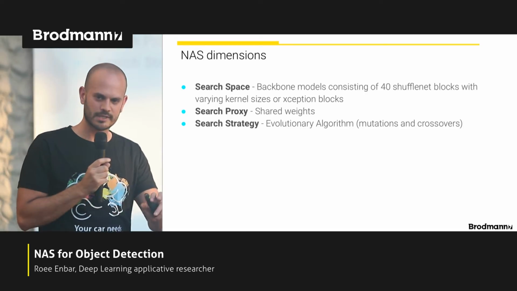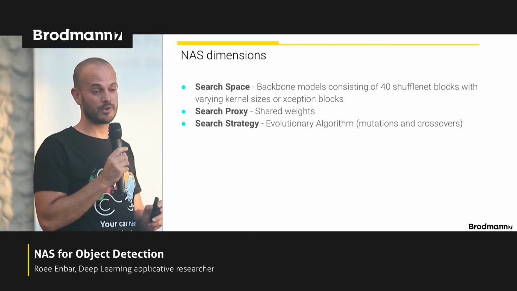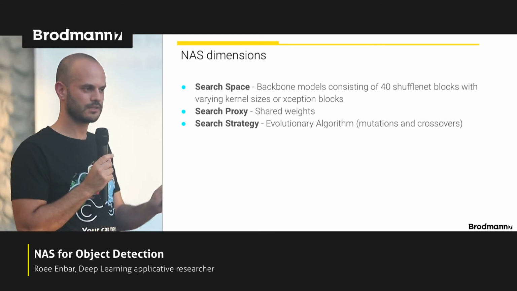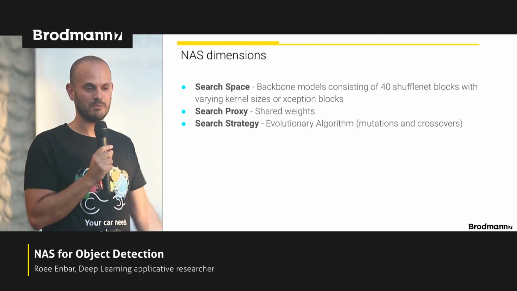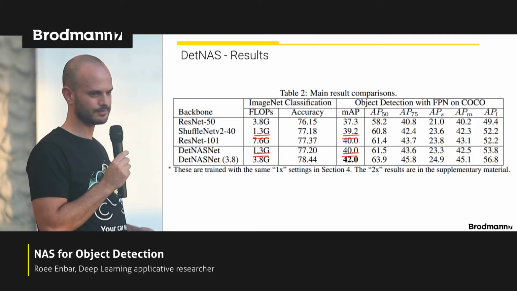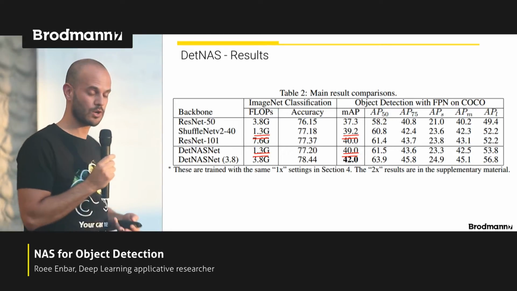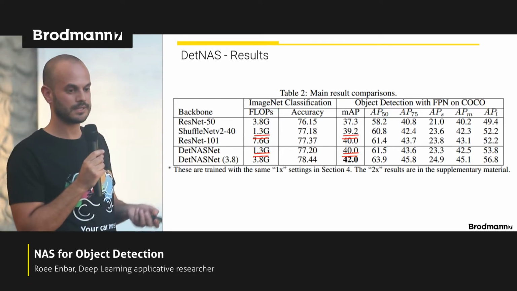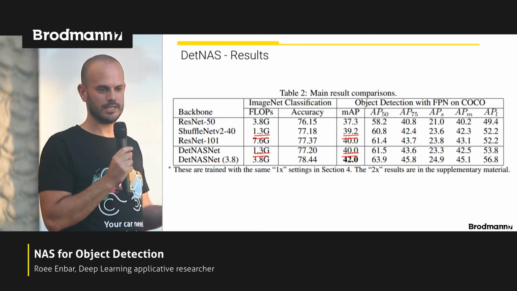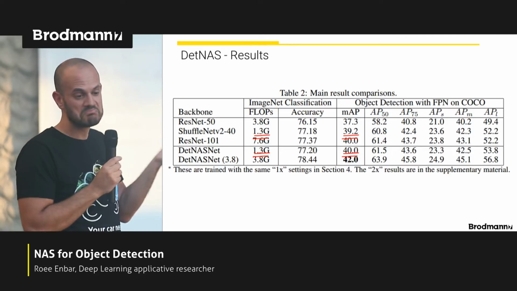And just as a side note, all in all, this paper is not ripe yet, in my opinion. They have a lot of details missing, like ablation studies, etc. And also, the results are not so impressive. They show that they have 0.8 points better than using the original ShuffleNet v2.